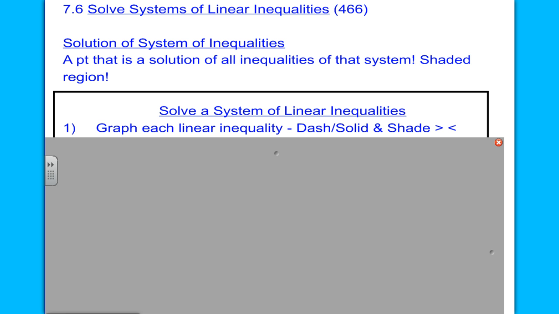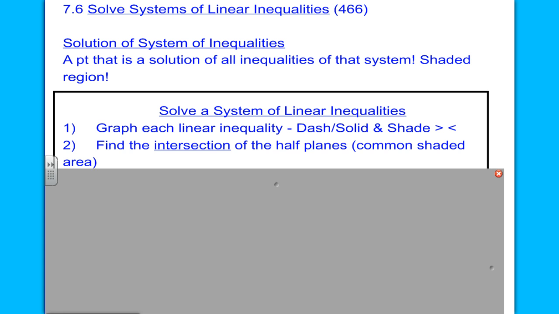And then after you've graphed both, what do we do to show the solution? We graphed both, and what did we do? Jimena? Test a point. Well, no, that's part of the original graphing. We tested a point on both, we shaded both, and then to find the answer to this system, we... Sophia?